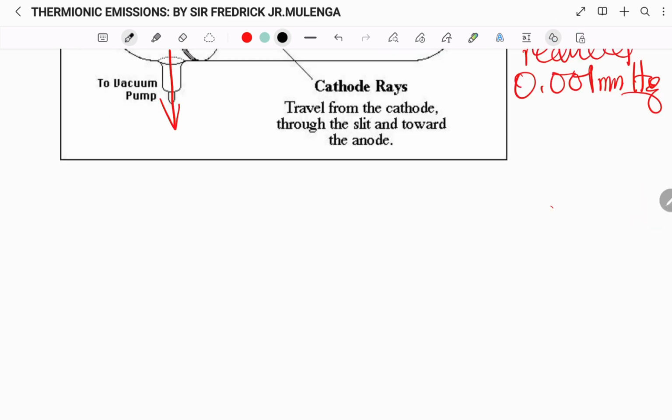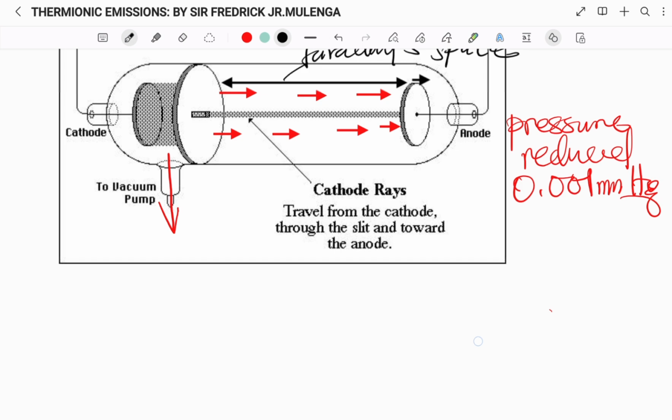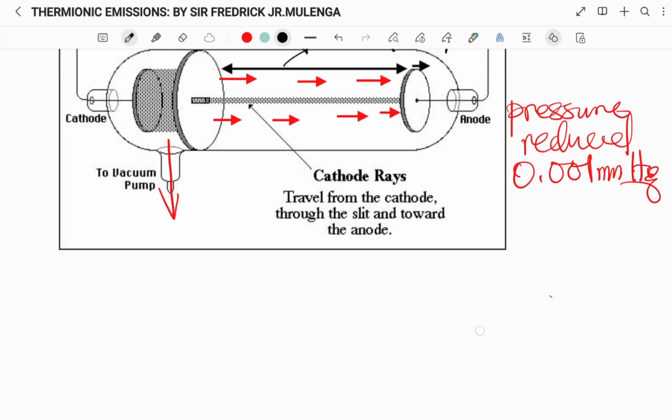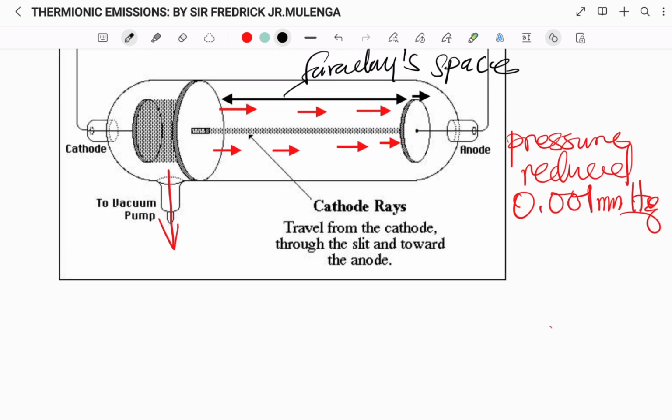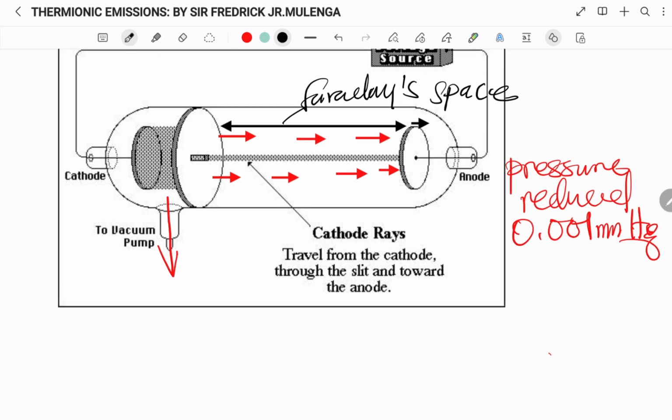So now let's discuss the properties of cathode rays. The first thing is that when they placed an opaque object in the stream of electrons, they noticed that a dark shadow was formed on the other side, suggesting that they were blocked.